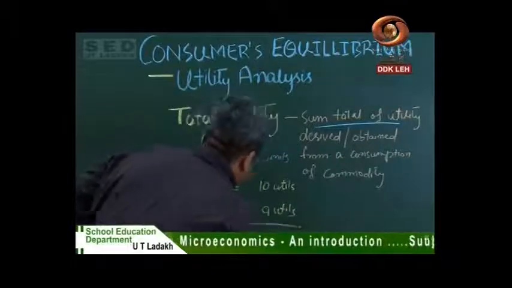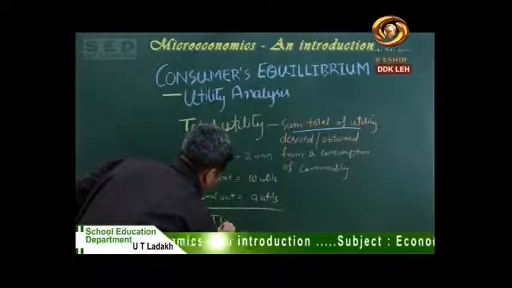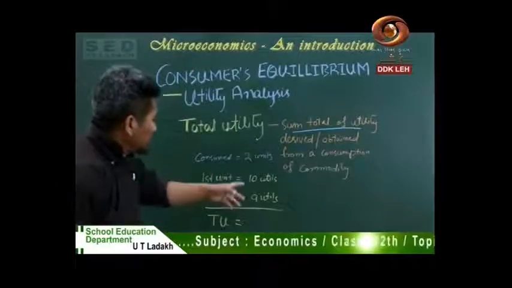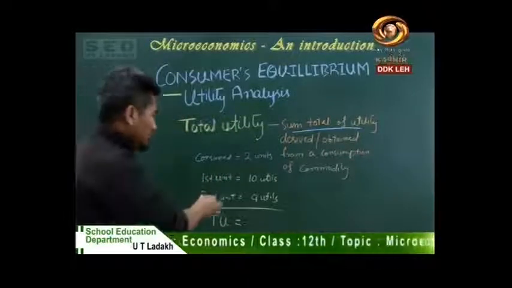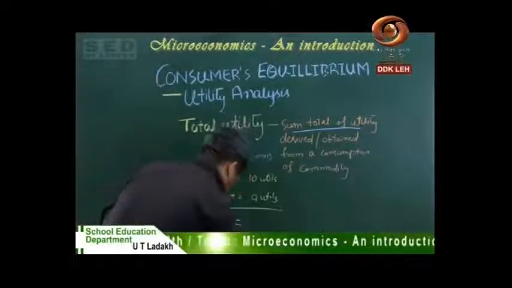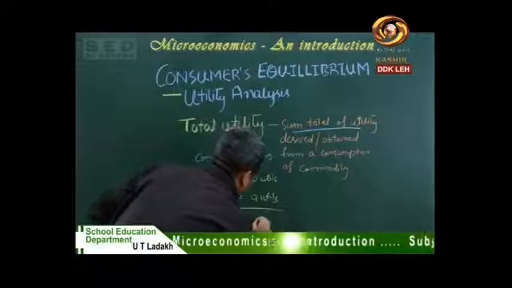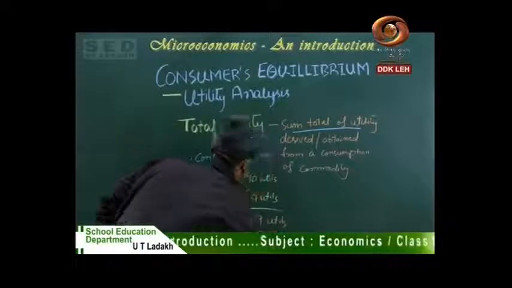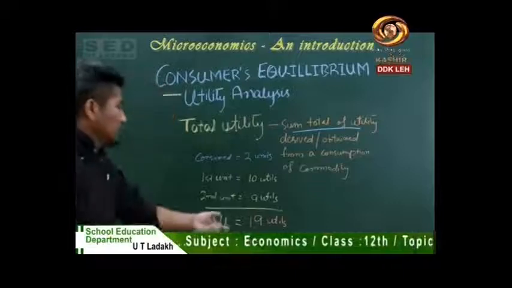Now total utility, TU, will be equal to the sum of these utils of the two units, that is 19 utils. So this will be the total utility.